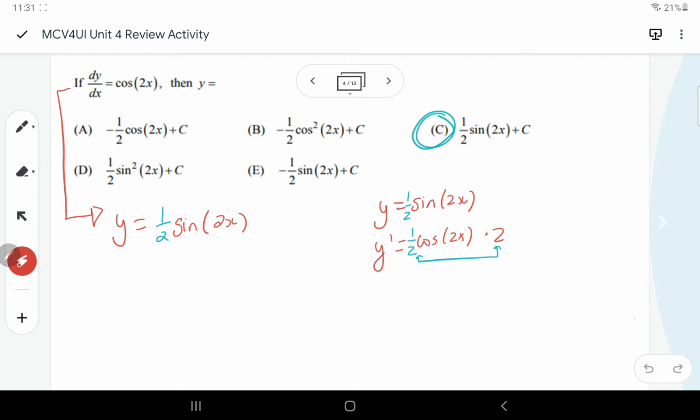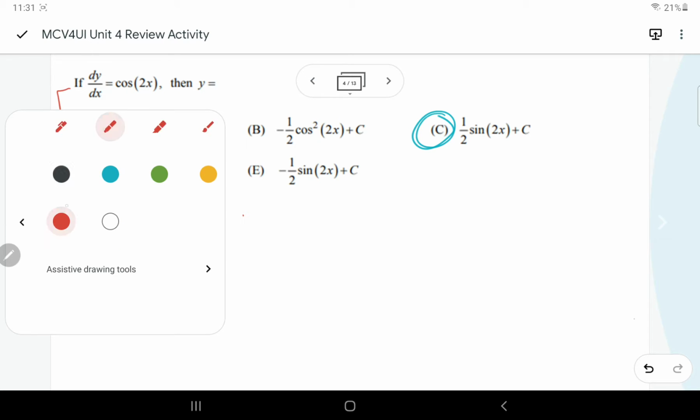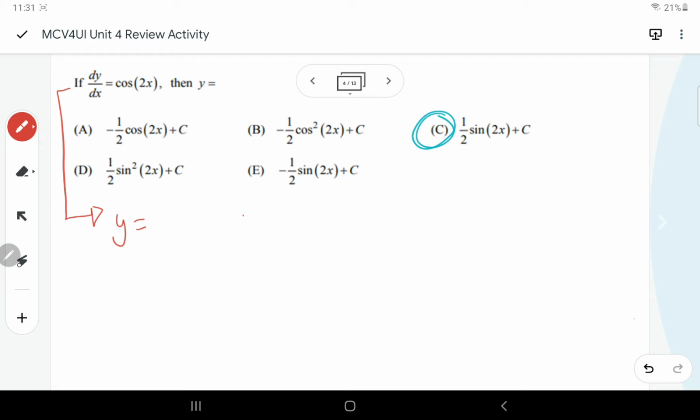Here is an example of working backwards. We are given the derivative, and we want to see what function we would have started with. I'm going to erase this out because I had the answers up here. But to talk through it: what function would it be if the derivative was cos?